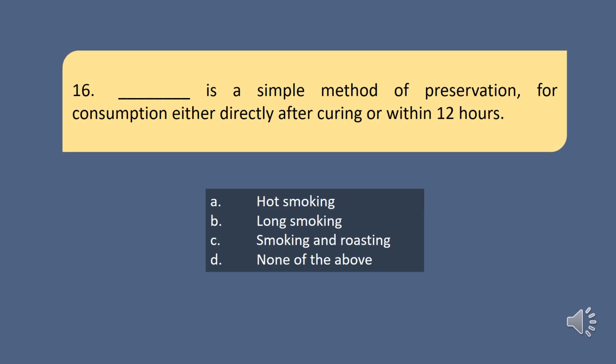16. Blank is a simple method of preservation, for consumption either directly after curing or within 12 hours. A. Hot smoking. B. Long smoking. C. Smoking and roasting. D. None of the above. 5, 4, 3, 2, 1.